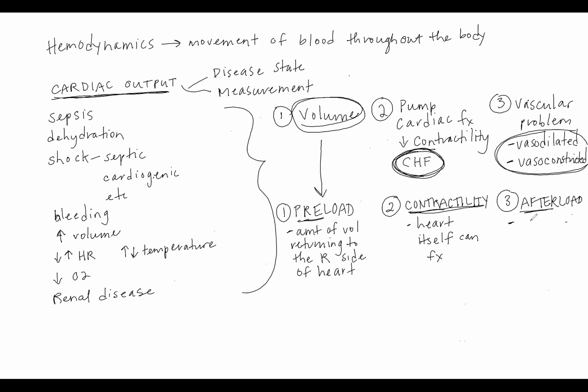So afterload is really how hard the left ventricle has to work to pump blood out. So kind of how much pressure does the left ventricle have to work against in order to eject blood?